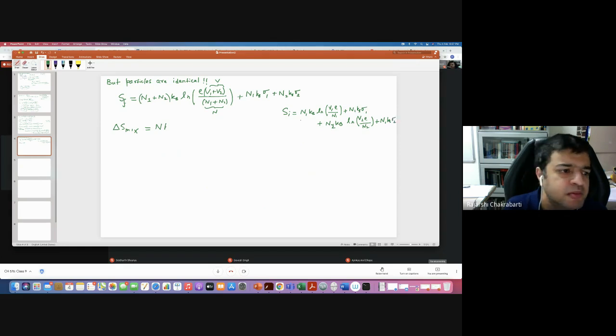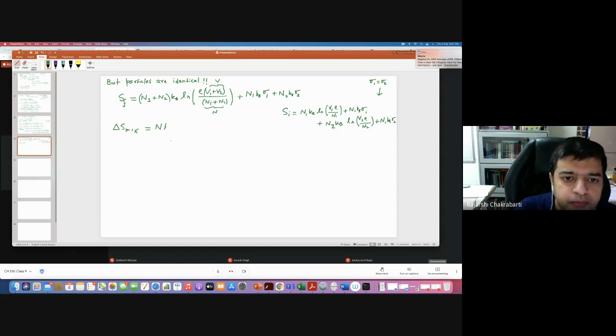They are equal here, so they cancel actually. I can make them different, but they are the same here, so I put sigma 1 equal to sigma 2. Okay, I put it here. So what is then delta S mixing? Delta S mixing is this minus this. So I can write it down.